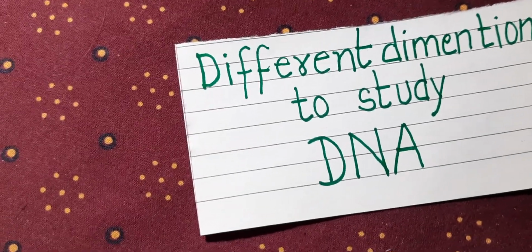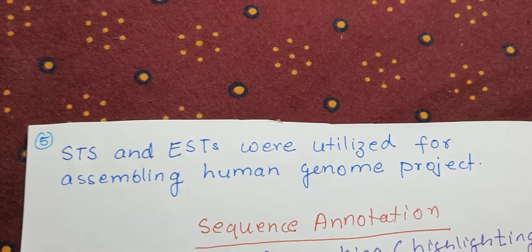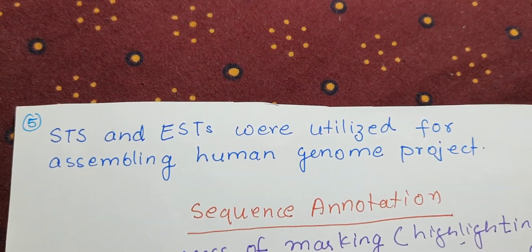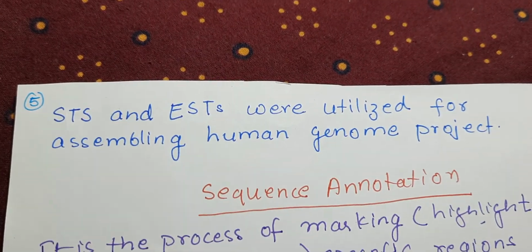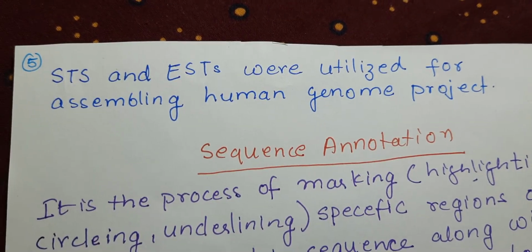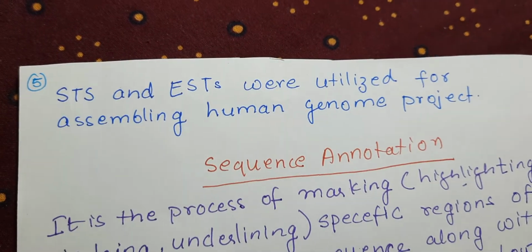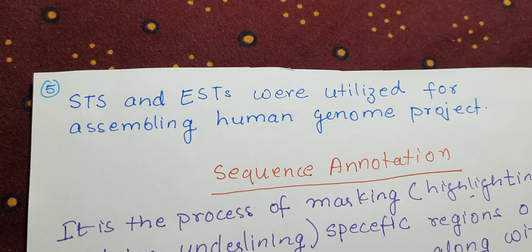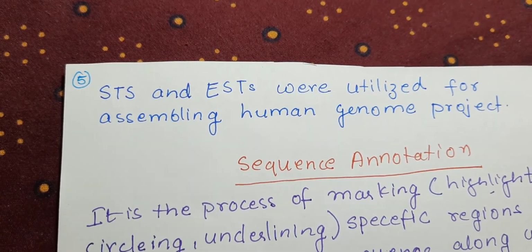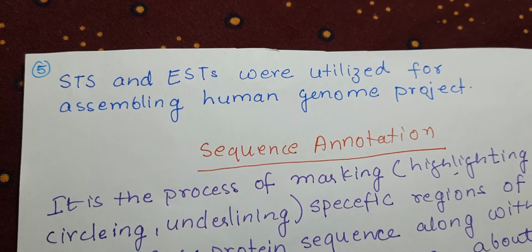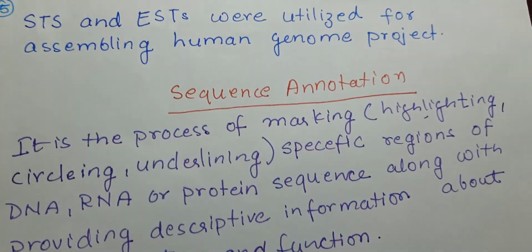STS and EST were utilized for assembling the Human Genome Project. Once you cut the whole genome with restriction endonuclease into different parts, to assemble it again, trace their location and do genetic or physical mapping, you need certain sequences which can be utilized as landmarks. So EST and STS were those kinds of sequences.